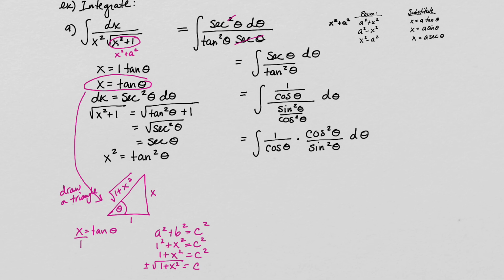And this helps me out because now the cosines can cancel. So now I've got the integral of cosine theta over sine squared theta d theta. So now I've got a nice little problem going on. Questions about anything I did so far?